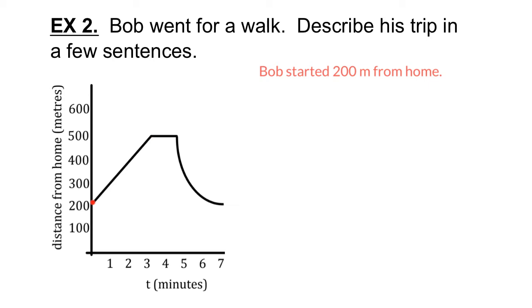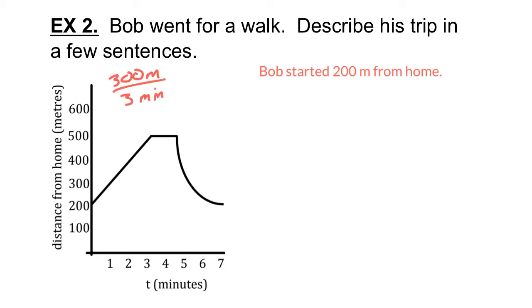Now, how long did it take? Well, he started at 0 time, 0 minutes. This section ended at 3 minutes. So it took him 3 minutes to walk 300 meters. So how fast was he going?